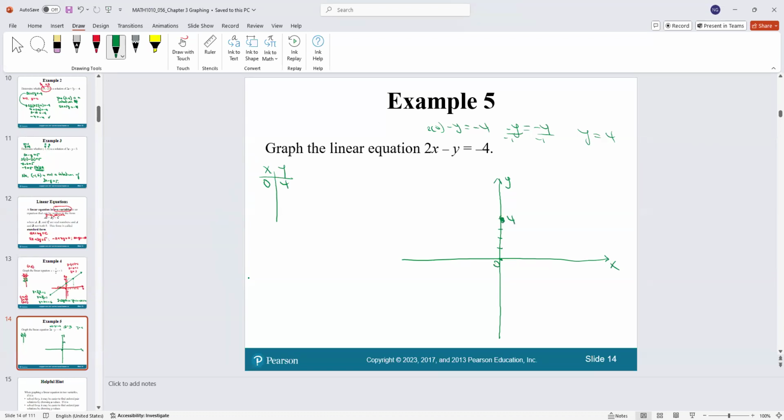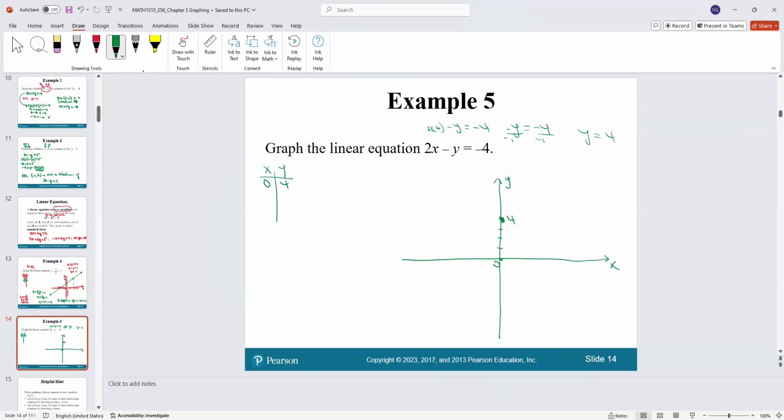And we can take any of these. Let's say if Y is 0. We want to substitute for X instead.